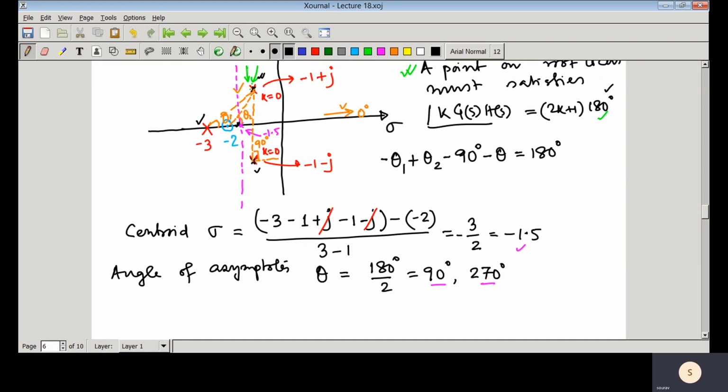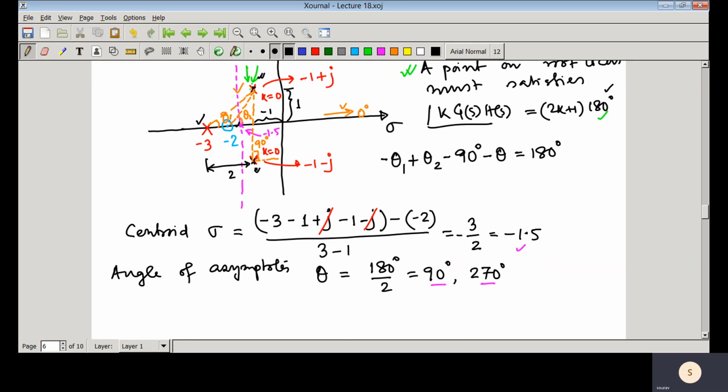So let us see what theta 1 is. Here we can find theta 1. This particular length is 1, and here we can see that this length is also 1. So from here to here, this length is 2.